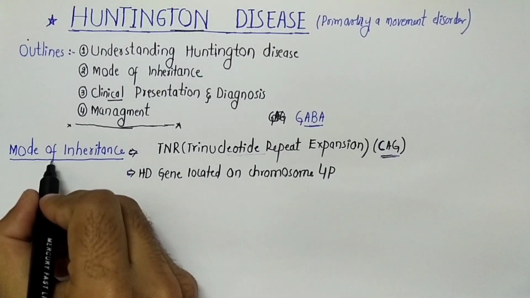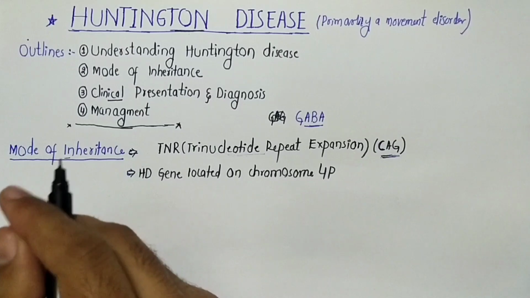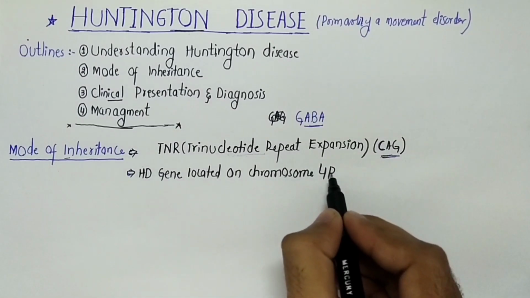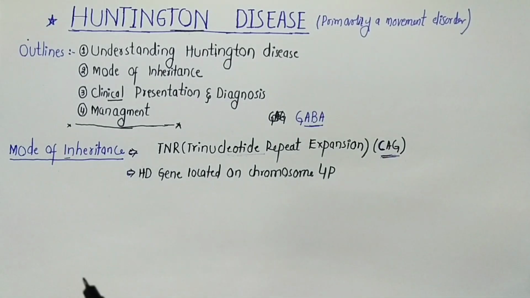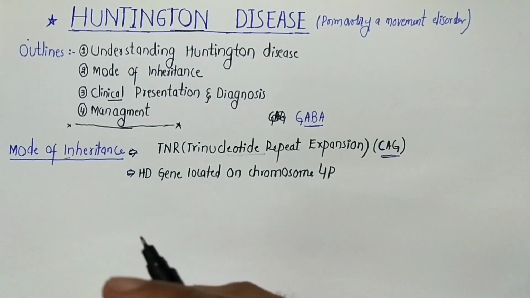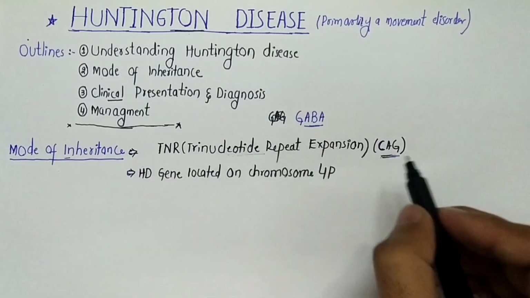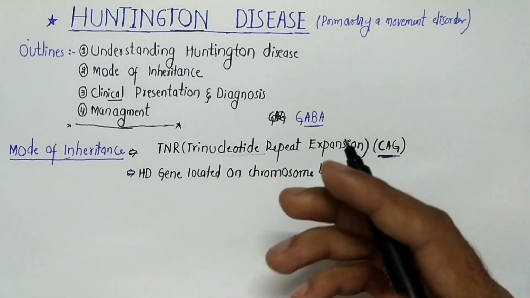Now we are into the mode of inheritance of Huntington disease. There is a Huntington gene located on the short arm of chromosome number 4, which encodes a protein called huntingtin. What actually occurs is a trinucleotide repeat expansion of the trinucleotide called CAG, mutating the gene.